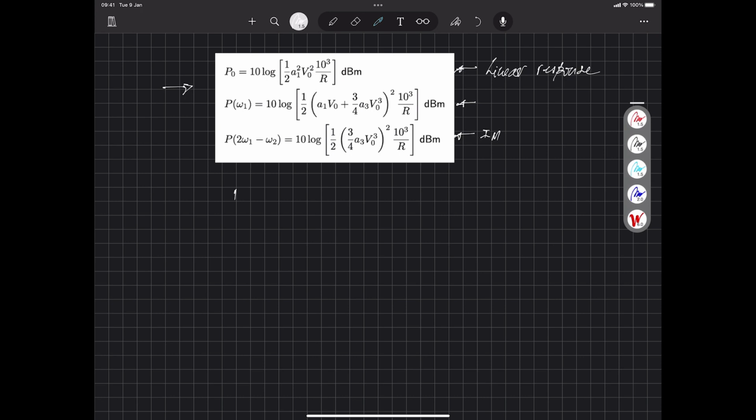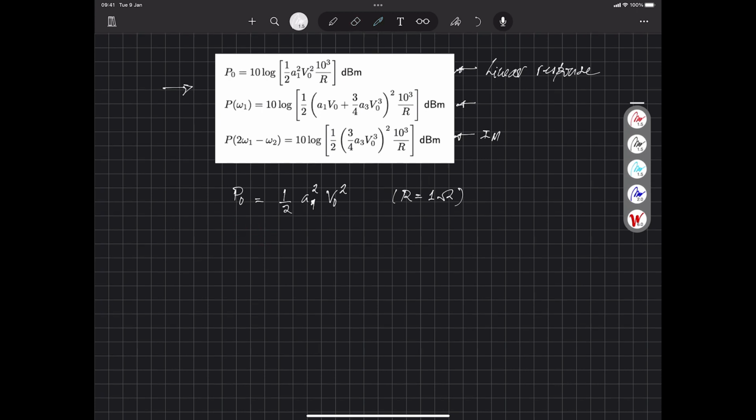So let us write P sub naught as 1/2 of A1 squared, the amplitude of the signal squared, and let's assume we have a resistance of 1 ohm to simplify the expressions, and at frequency omega 1 minus omega 2, this will be 1/2 of 9/16 A3 squared times V0 to the 6. Okay.